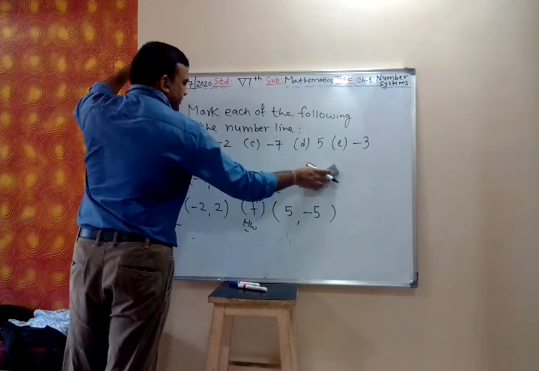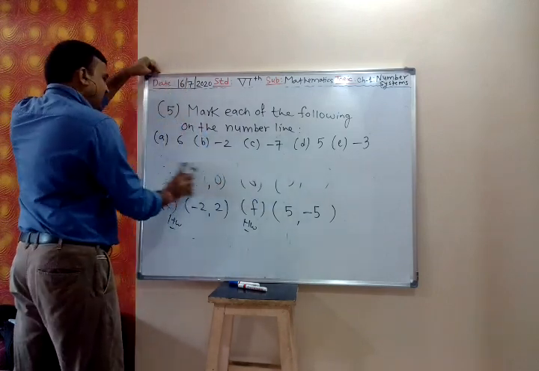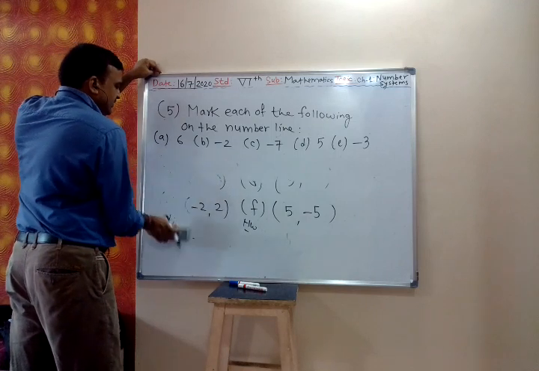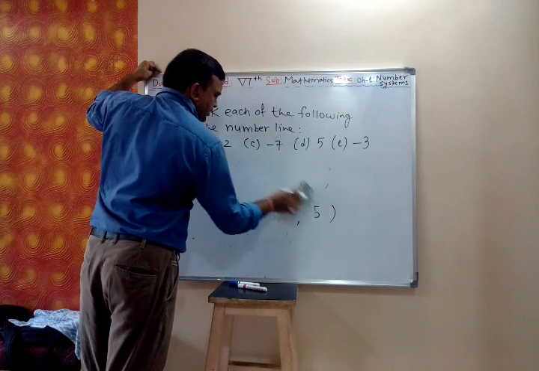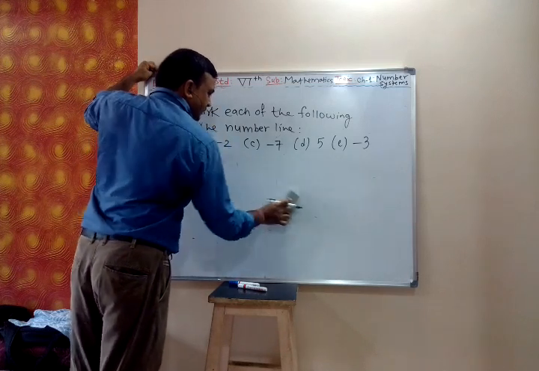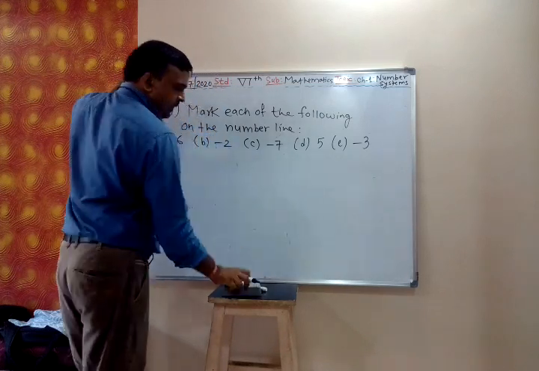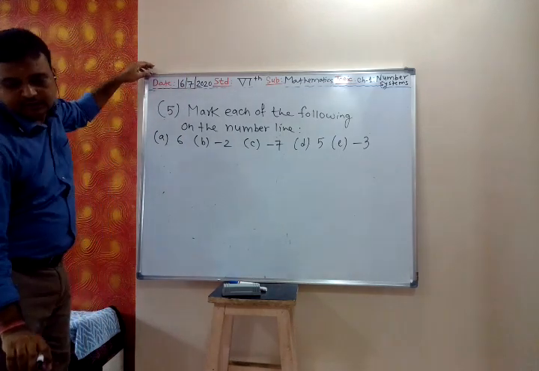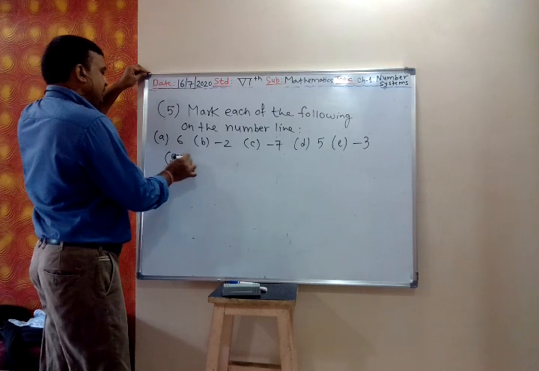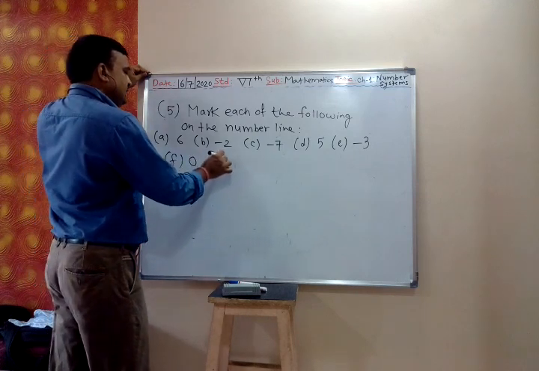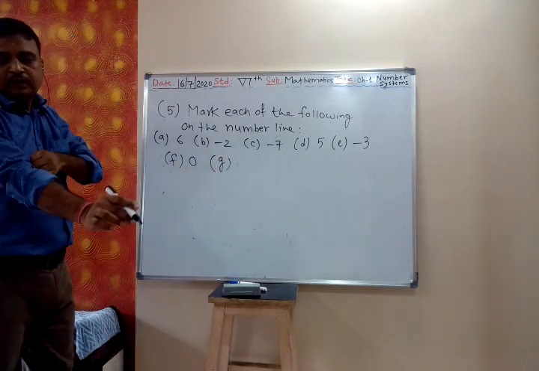After plotting that number you have to circle it. We have already seen how to plot the numbers on the number line. All are homework. E is -3. Then F is 0. Then G is 8.